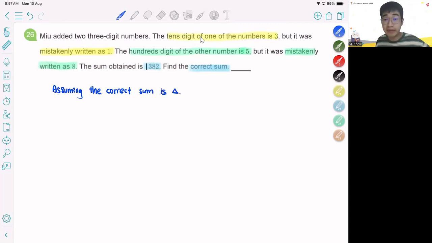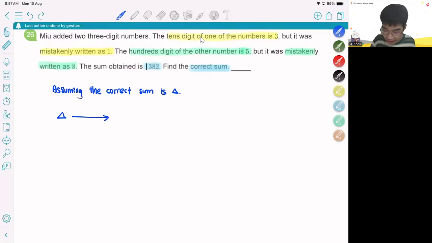Assume the correct sum is a triangle or one unit. It's up to you to represent it. So from this correct sum, the one unit, how do you make it reach 1382? That is because two mistakes were made and that causes the value of the number to change. So let's take a look.